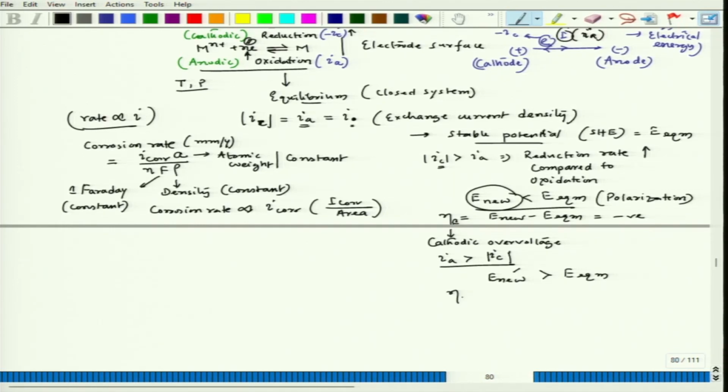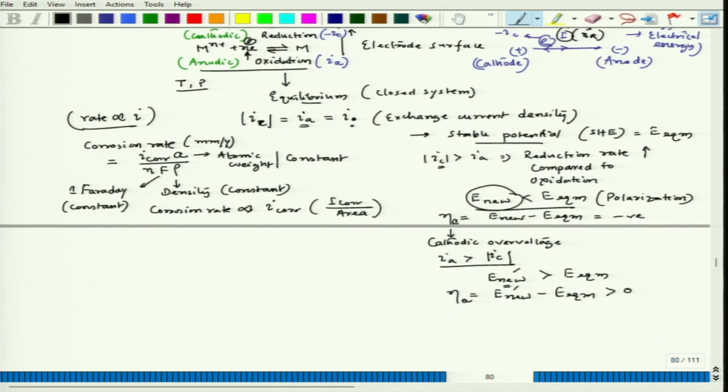That time I can also measure that polarization, and this should be greater than 0, because this value is more than E equilibrium, and since it is happening because of more anodic reaction, we call it anodic overvoltage, fine.